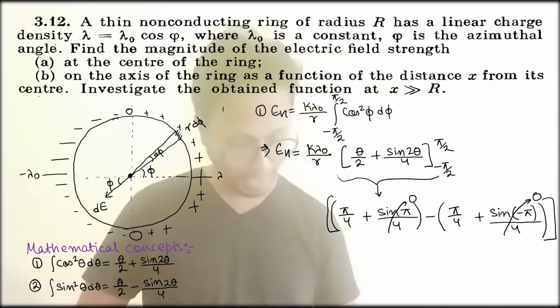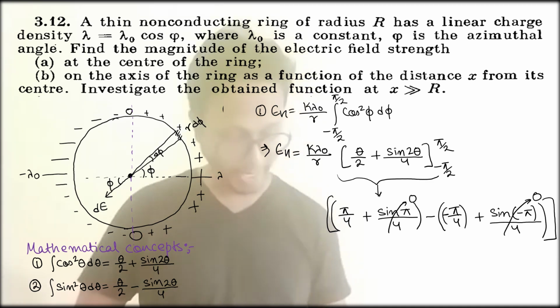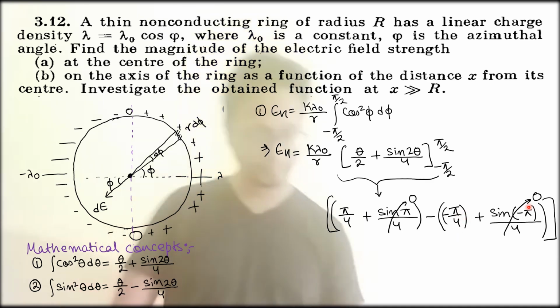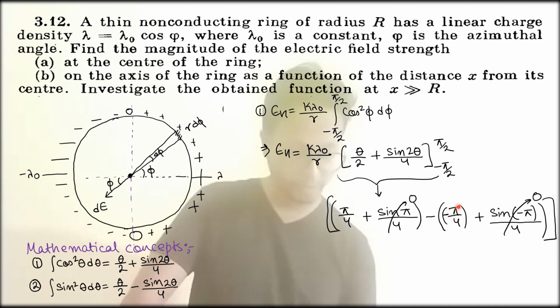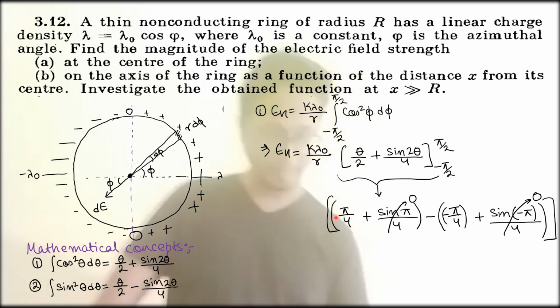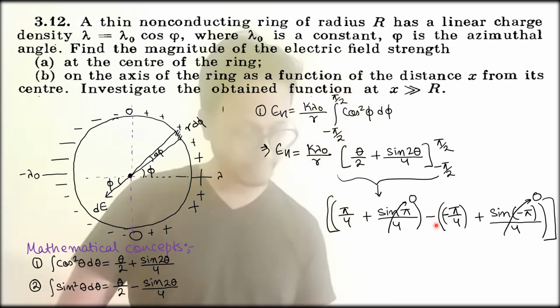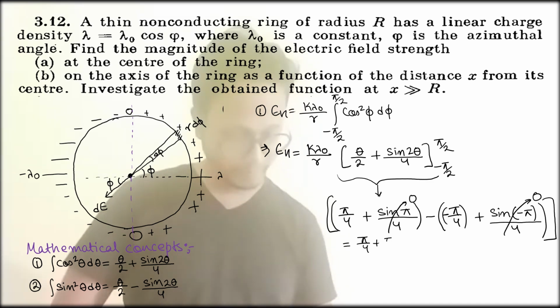There is a minus missing out here. Why? Minus pi by 2 divided by 2, isn't it? I have taken minus pi by 2 out here, so out here also I should take minus. So this minus and this minus becomes plus. This entire term becomes pi by 4 plus pi by 4, which is equal to pi by 2.